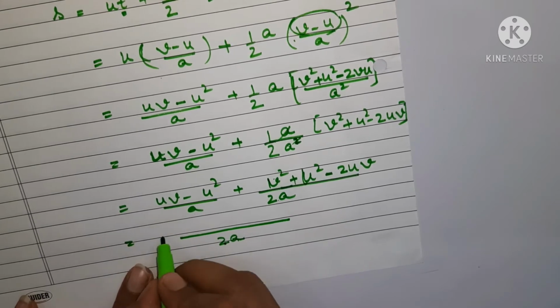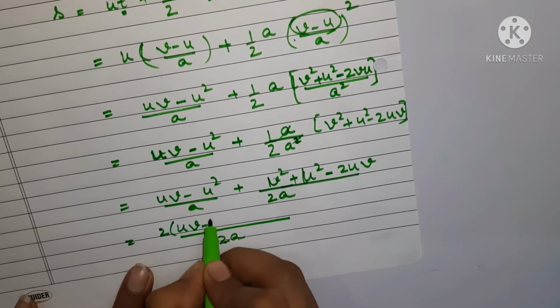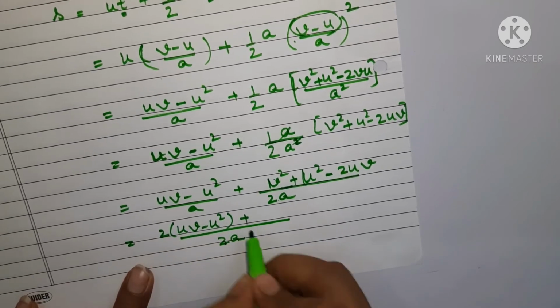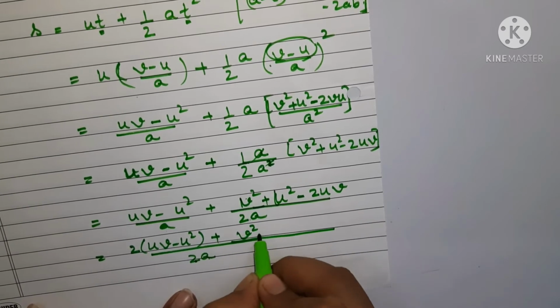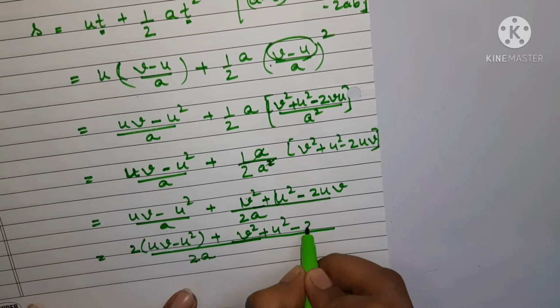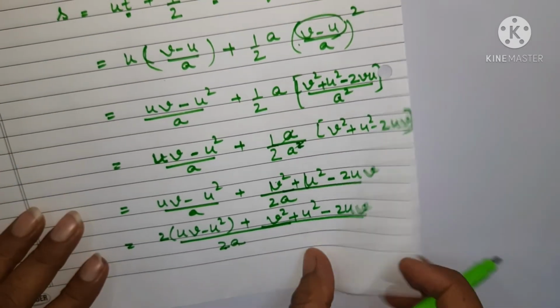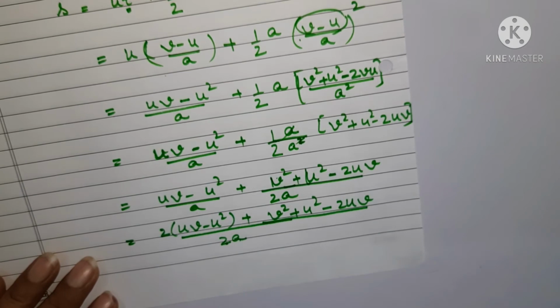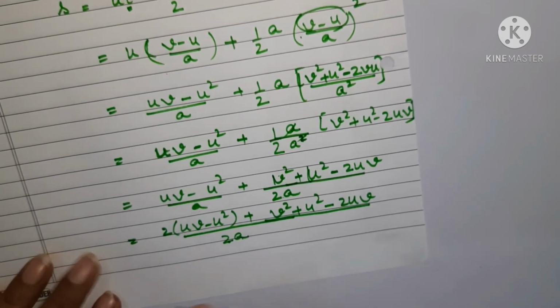Let us try to multiply. So when you multiply, it will be 2uv minus u square plus, and this will be as such. So let it be v square plus u square minus 2uv. Okay. This is shortening.